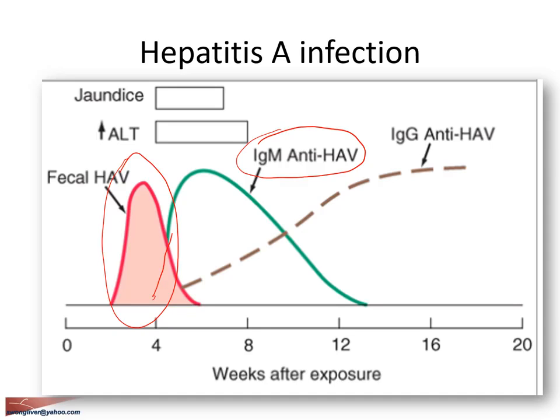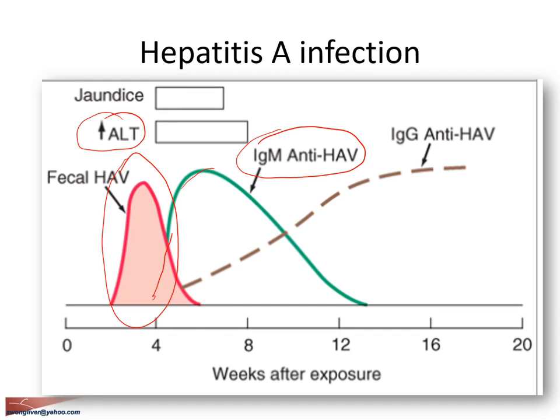When the IgM anti-HAV increases, that's the time that you will also have the manifestations of liver injury. And ALT is a very good indirect marker of immune system destruction of your hepatocytes. As I've mentioned earlier, hepatotrophic viruses do not really cause direct liver injury, but it's the immune system's action against the virus that happens to live inside the hepatocytes that causes liver injury.